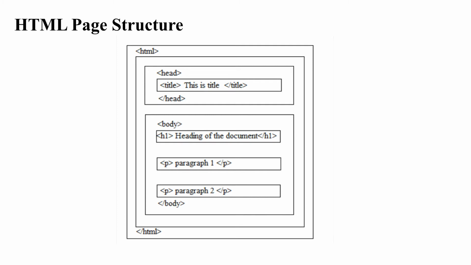Head contains title, and then the second tag is called body. Body has an h1 heading, p paragraph 1 and paragraph 2, and then the body closes. You can see head and body are both started and closed, and then we close the html tag. So this is the whole page structure.